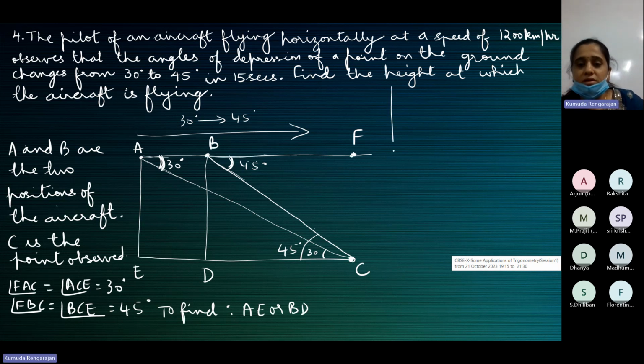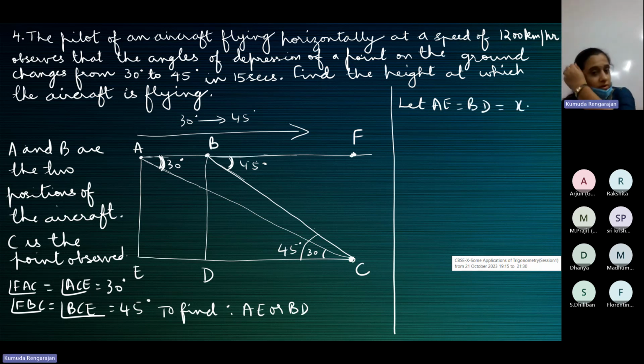Correct? Okay. So see, two line segments are equal, no? Call it X. So let AE is equal to BD is equal to X. Because they're equal, you understand that. So whenever two line segments are equal, call them X. Otherwise, in one particular working, you'll have AE, and in another working, you'll have BD.